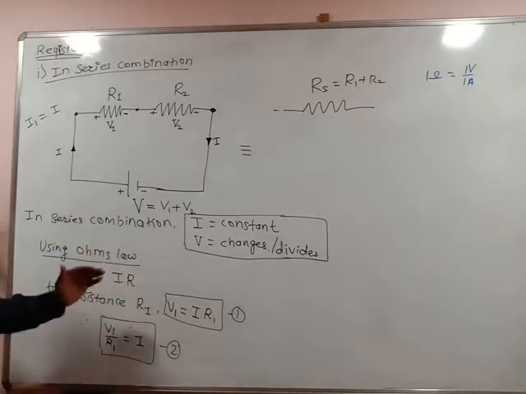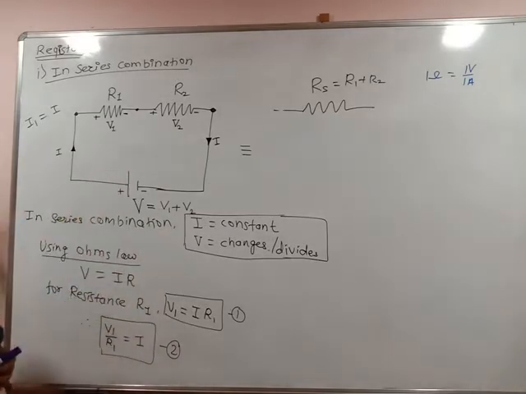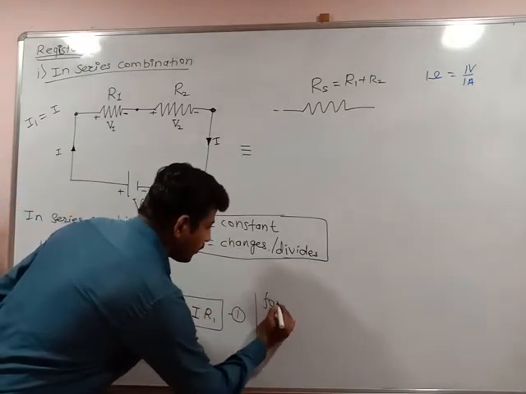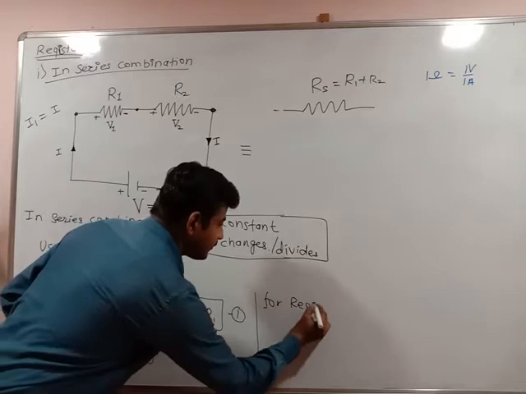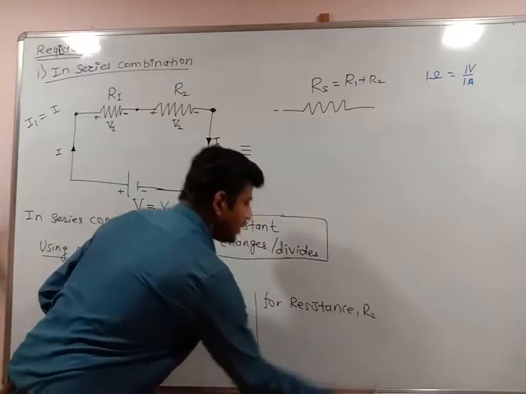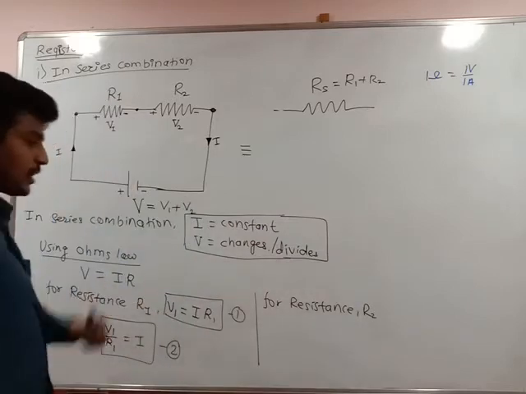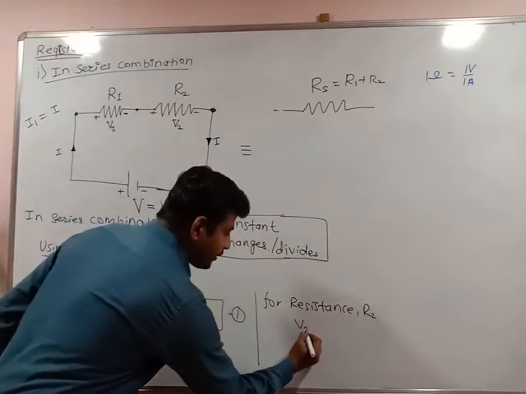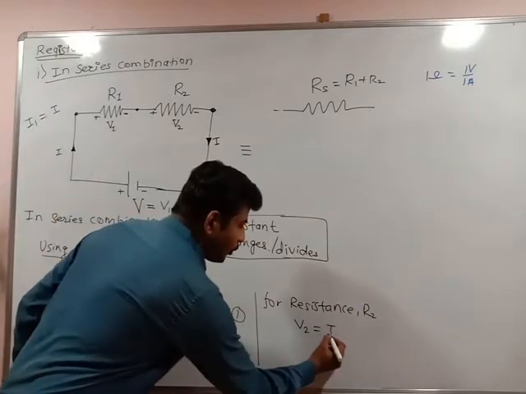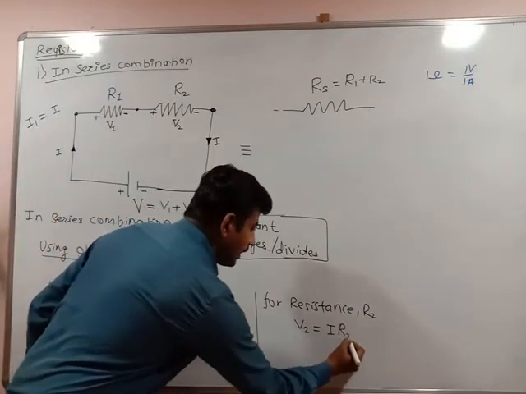The same condition we are going to write for the resistance R2. So I can write here, for resistance R2, again voltage drop across R2 is said to be V2. V2 is equal to same current I into R2.